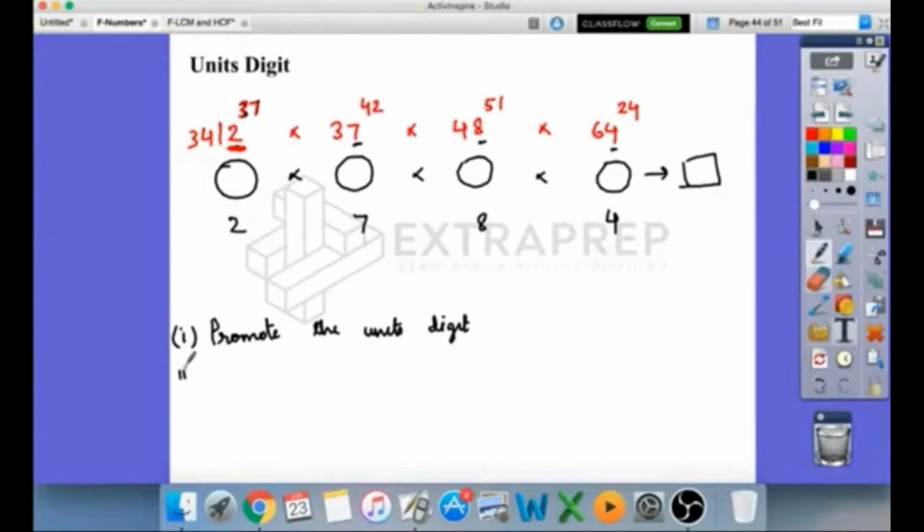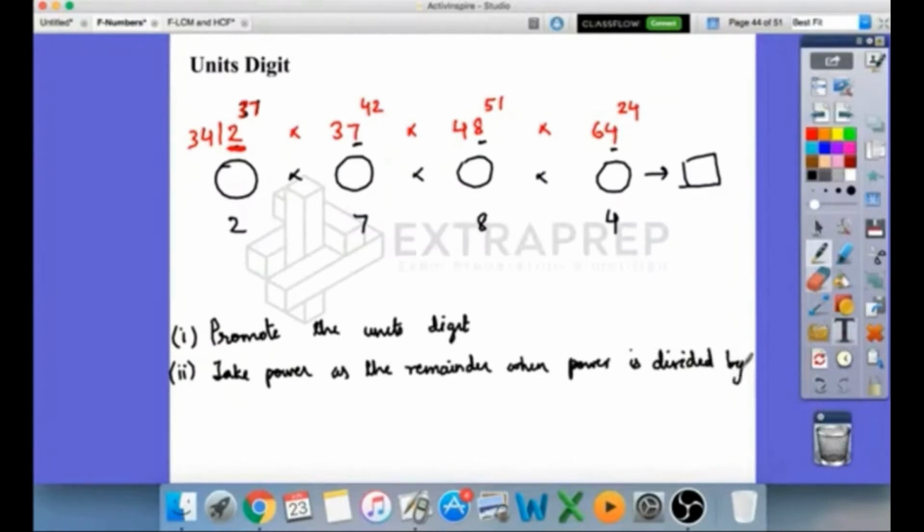Now let's look at point number 2. In point number 2 you will take the power as the remainder when the power is divided by 4.